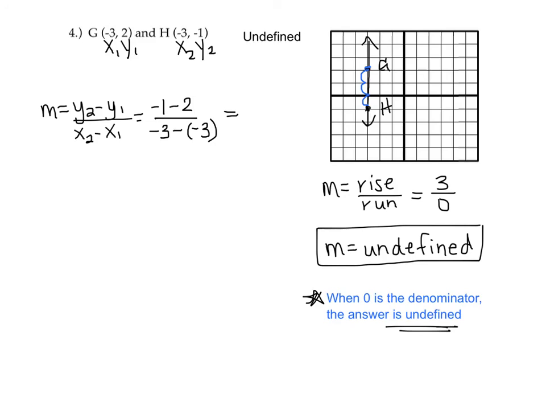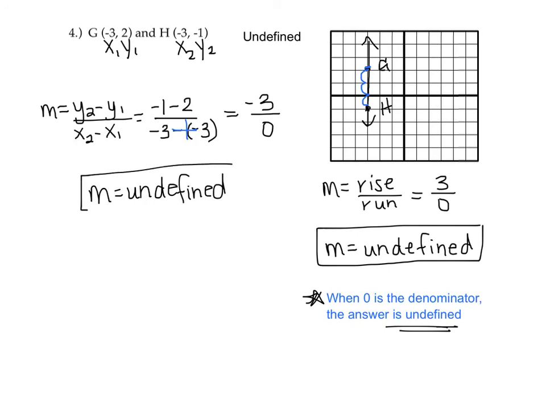So now we have negative 1 minus 2 is negative 3. Negative 3 minus a negative 3, this becomes a plus sign. So negative 3 plus 3 is 0. Once again, 0 is your denominator. You can't put a number into nothing. Therefore, your answer is M equals undefined. And that is your answer. Remember, you can't put a number into nothing.